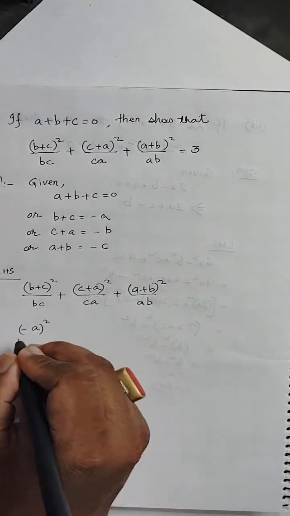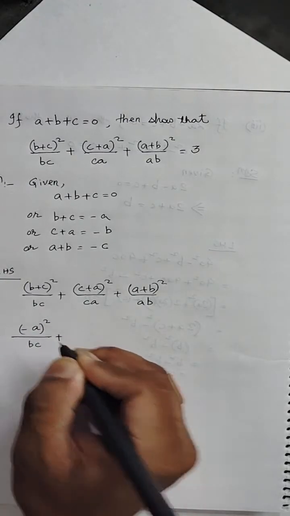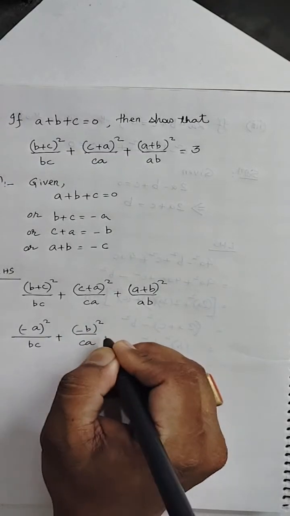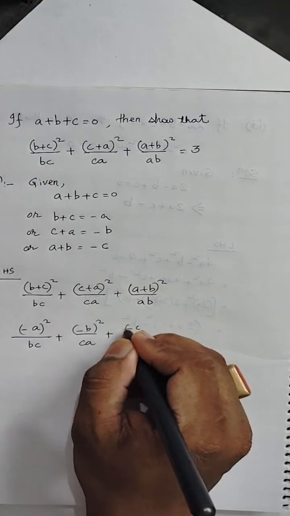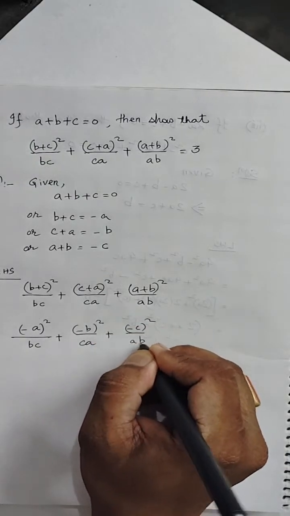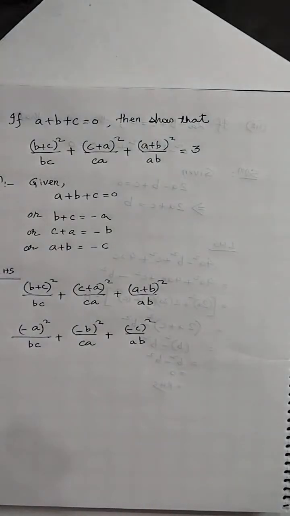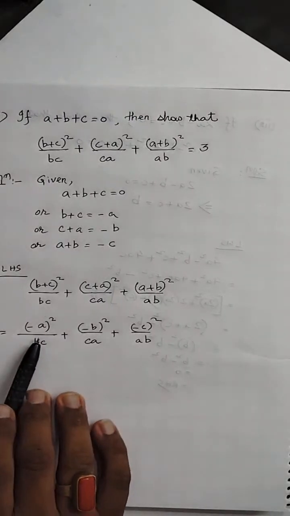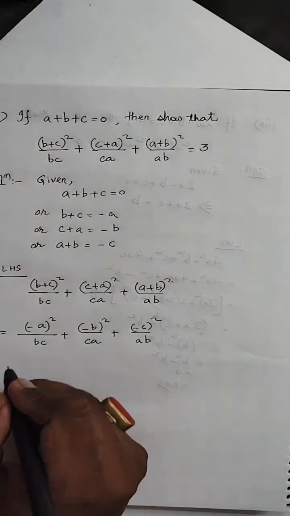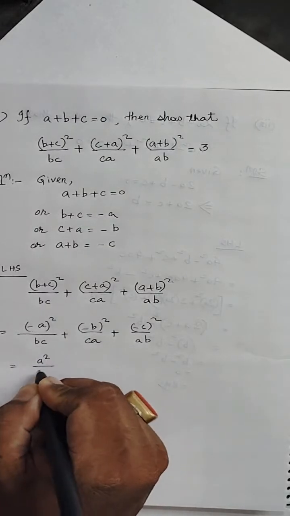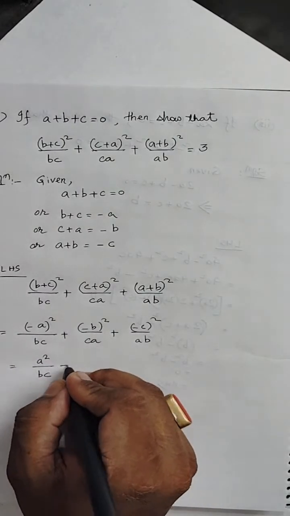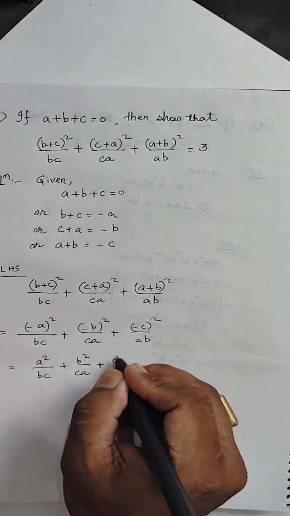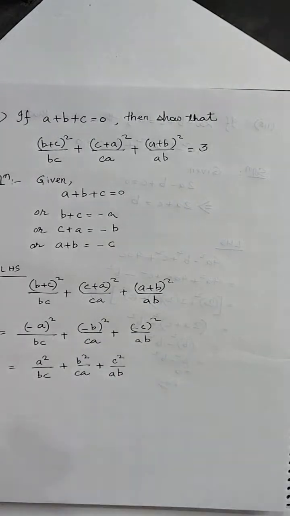Minus a whole square by bc plus minus b whole square by ca plus minus c whole square by ab. Okay, and the good thing about this is the square of any negative is always positive. So this will become a square by bc plus b square by ca plus c square by ab.